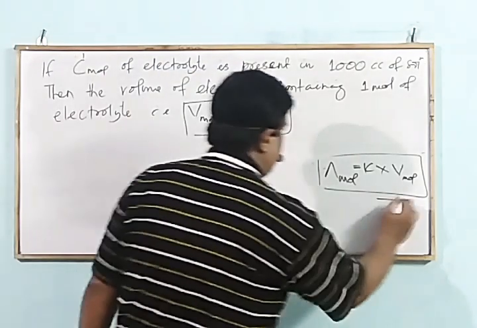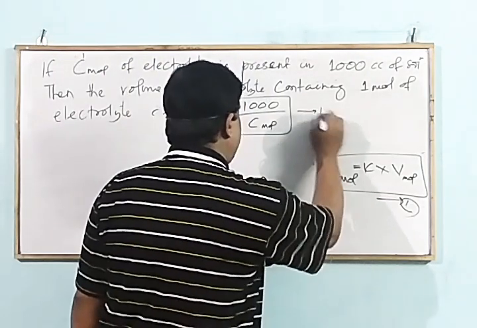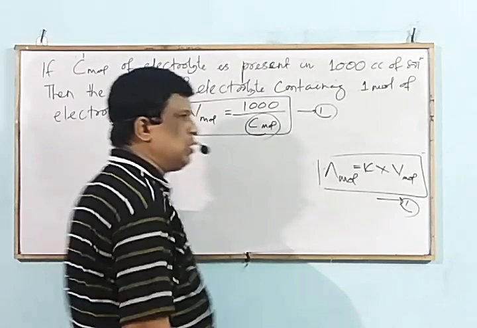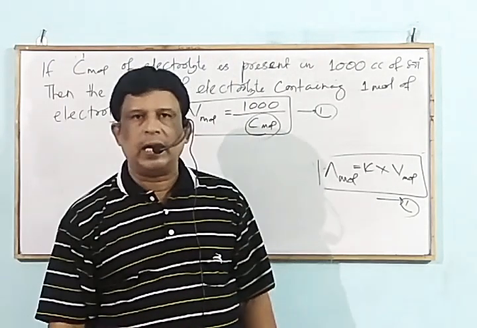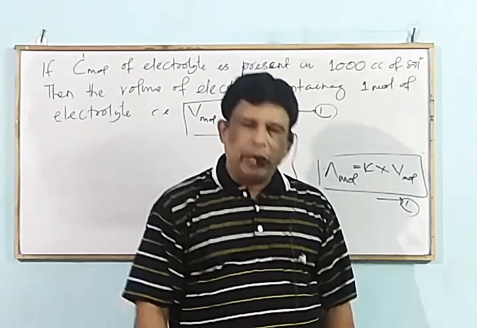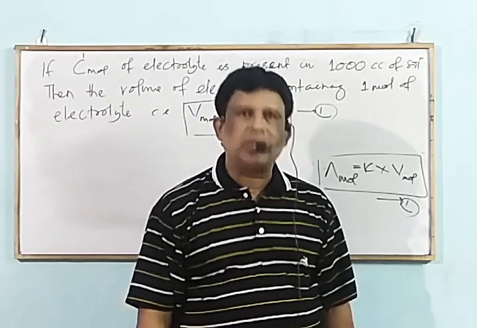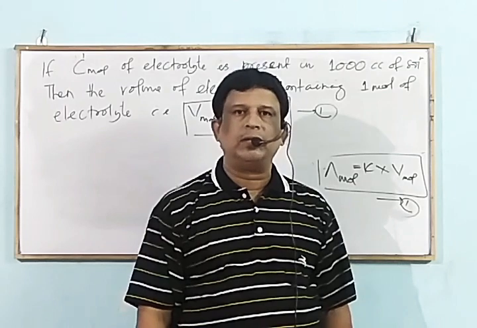That is equation 1, and the earlier one is equation 2. What is C? C is known as the concentration. When 1 mole of electrolyte is there, it is better to represent it as molar solution or molarity.